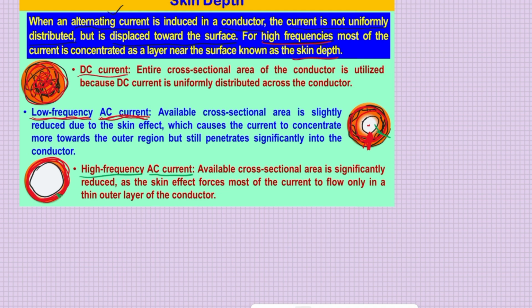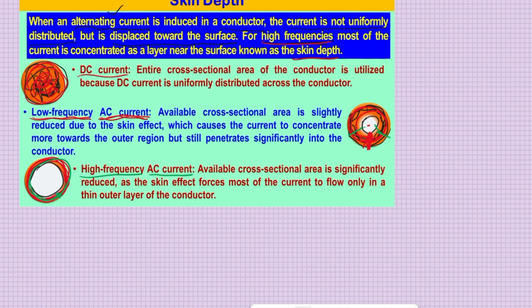You can see the shaded regions. This is larger for low frequency, and smaller for high frequency. So at high frequency, most of the AC signals are concentrated close to the surface rather than inside the material. This is the characteristic of the AC signal when you pass it through conductors.